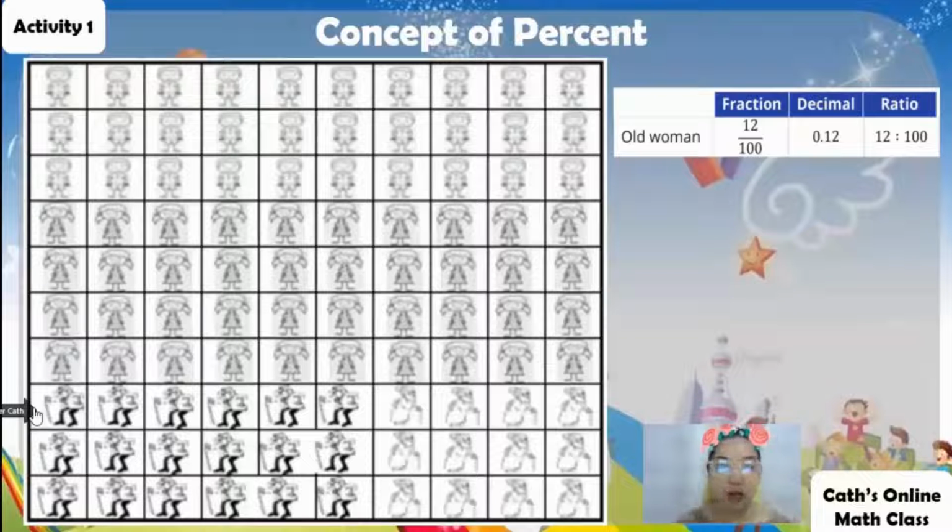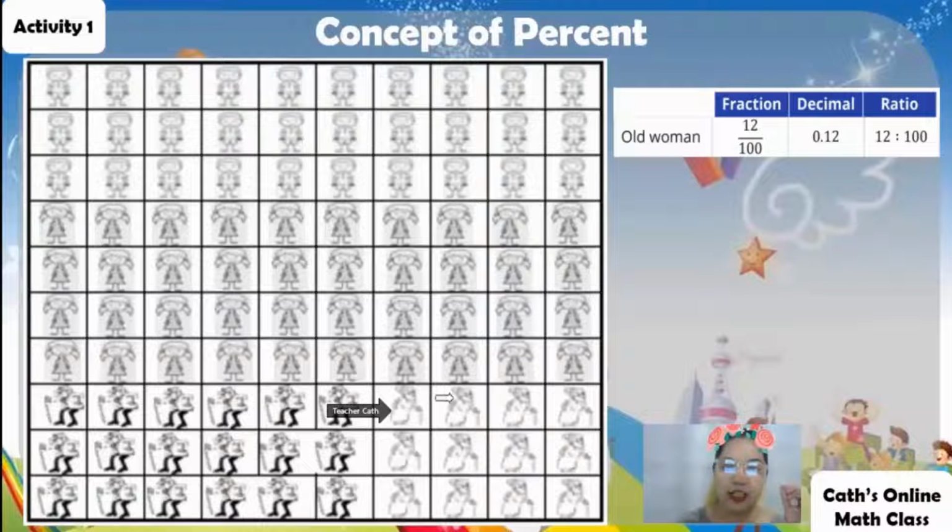These are pictures of an old man. This is an old man. And what about this picture? This is an old woman. Now let's first review how we are going to make this as a fraction, as a decimal, and as a ratio.